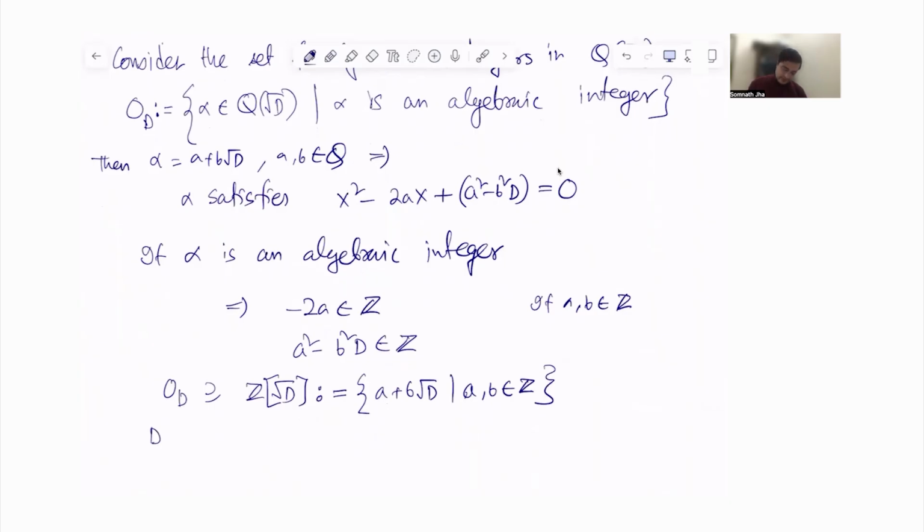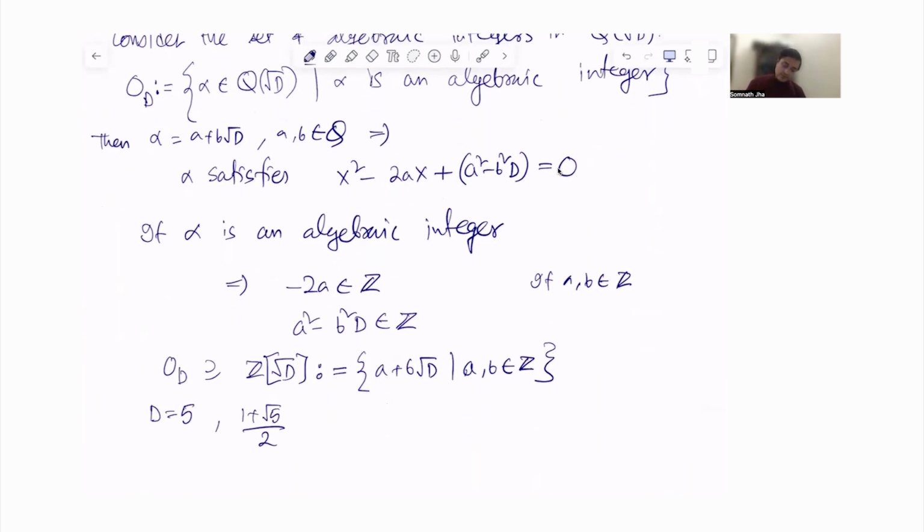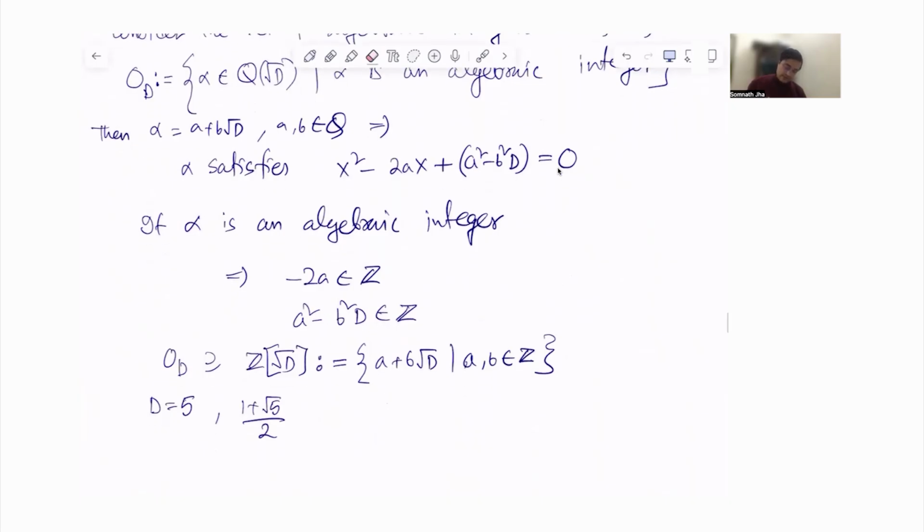For example, you take D equal to 5, then it also contains 1 plus root 5 by 2, as we just saw. We have seen for D equal to 5, 1 plus root 5 by 2 is an algebraic integer, right? So more generally, what is the answer? That is an exercise.